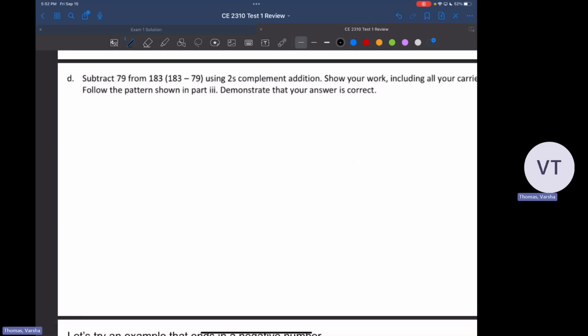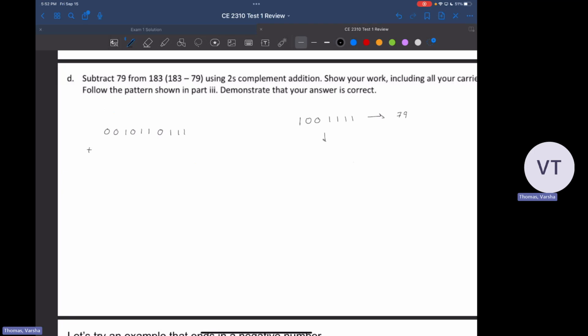So subtract this. I'm going to put the numbers again. These are the same numbers as before. And then we come into the problem of, oh, this second number is negative. We've got to convert it. So the original of 79 is, so this is 79 positive, which you do on your own.